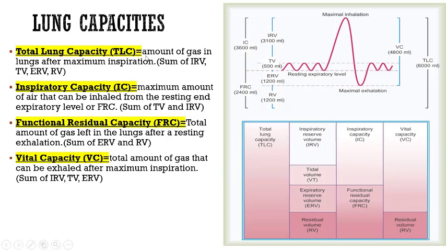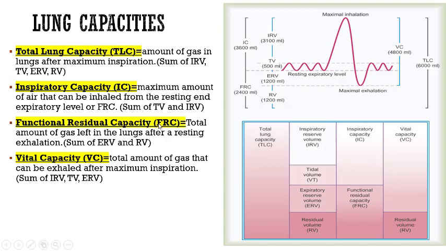So what I would do is really learn the definitions of the volumes, and then for the capacities, just know that the total lung capacity is all of these, and the inspiratory capacity is these two things together. I think that's an easier way to learn it, because otherwise it gets a little repetitive and it gets hard to distinguish one from a different one.